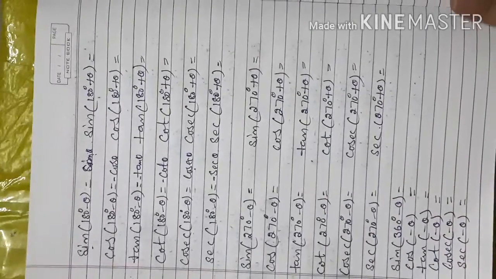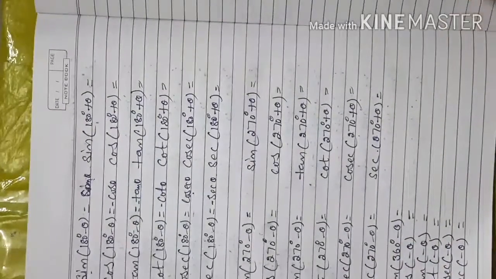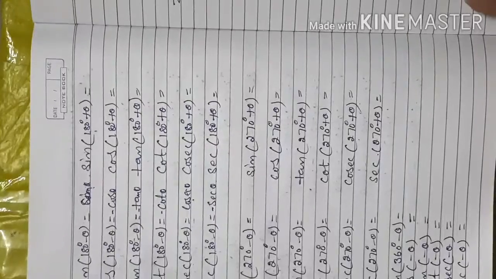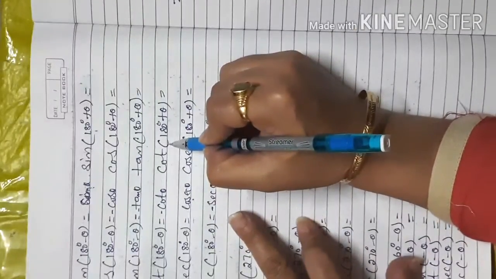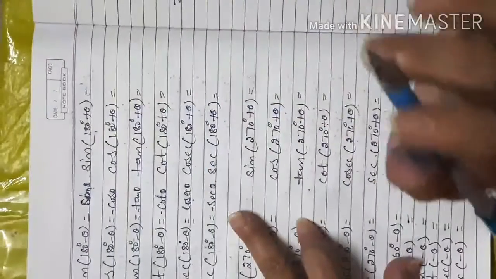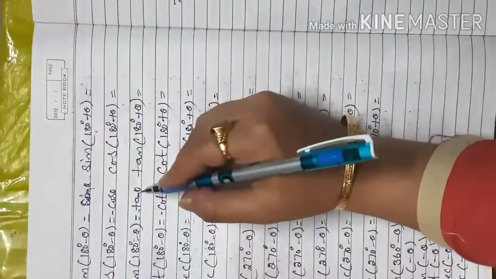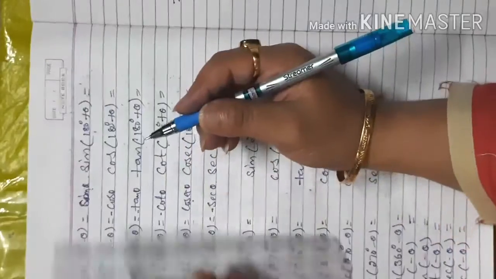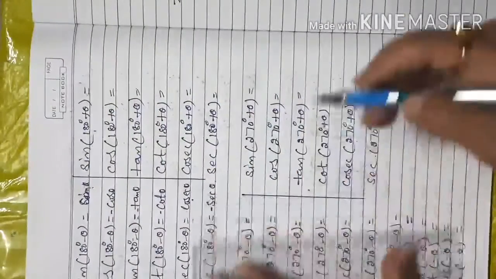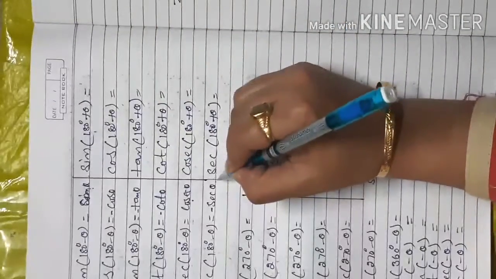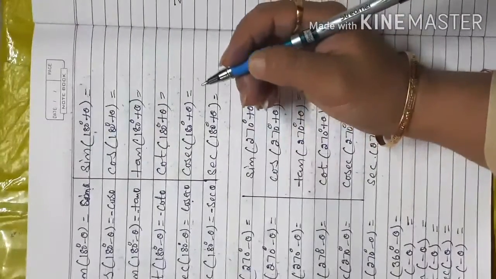Similarly, if we go with 180 degree plus theta, that moves to the third quadrant. In the third quadrant only tan and cot are positive and the other 4 terms will be negative. Since we are using 180 degree plus theta, the trigonometric terms are not changed.